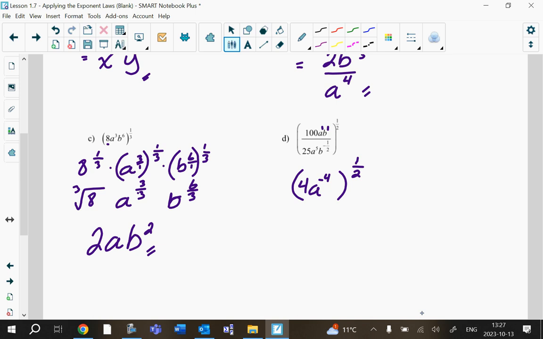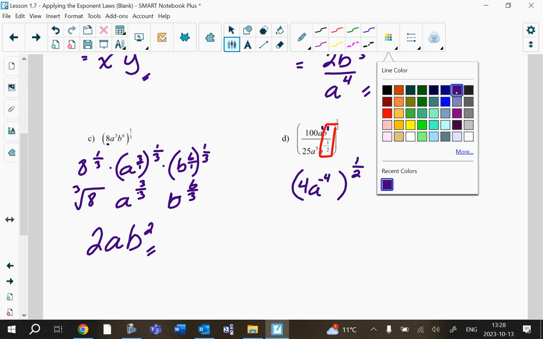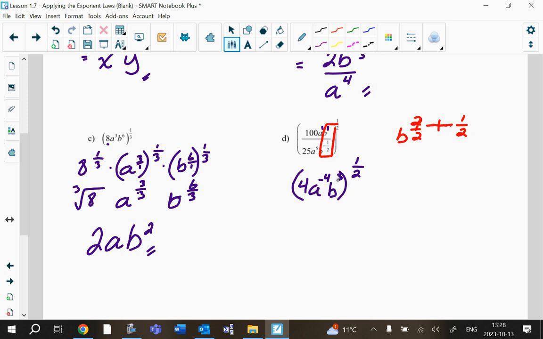A to the first divided by b to the -1/2 is the same as b to the 1 minus -1/2. Well, the 2 minuses change to a plus. How do I add 1 and 1/2? 3/2, somebody said, because you change this to 1/1, which becomes 2/2. So you get b to the 3/2.